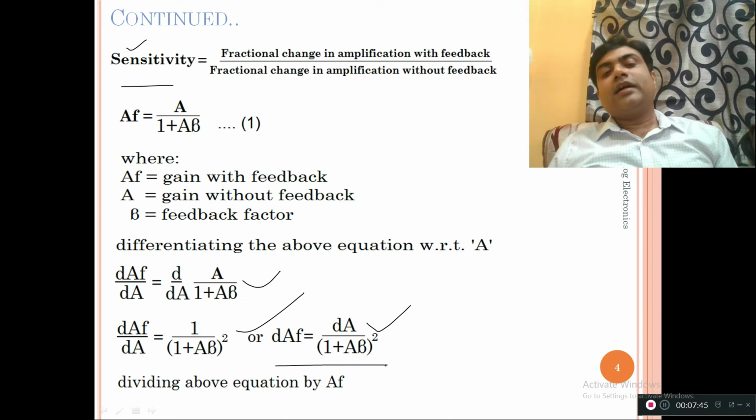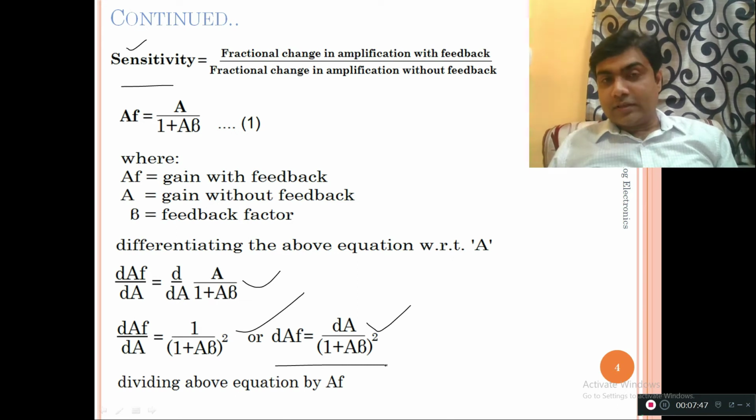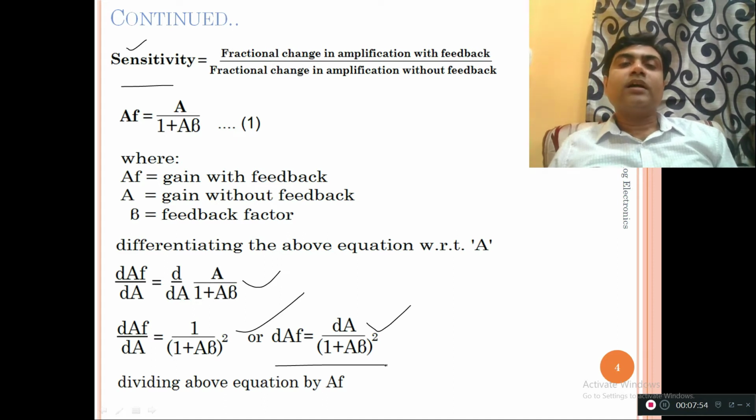So you see, dAF upon AF is going to give me the correct measure of what the previous value of the gain with feedback was, and what the change is, that small change, dAF. And similarly, dA upon A will give me the change in the open loop gain of the amplifier relative to the original value of the gain.